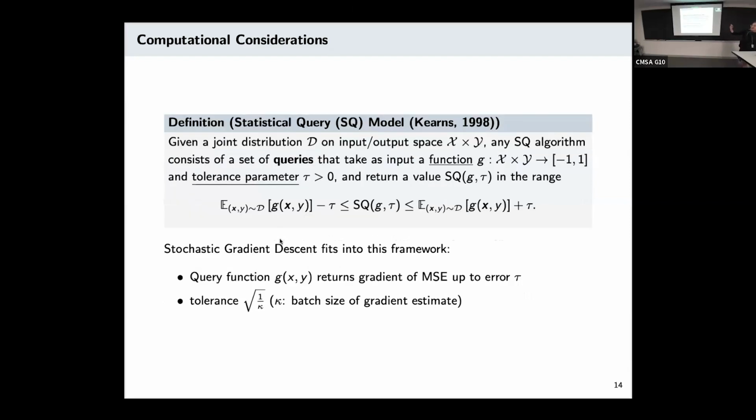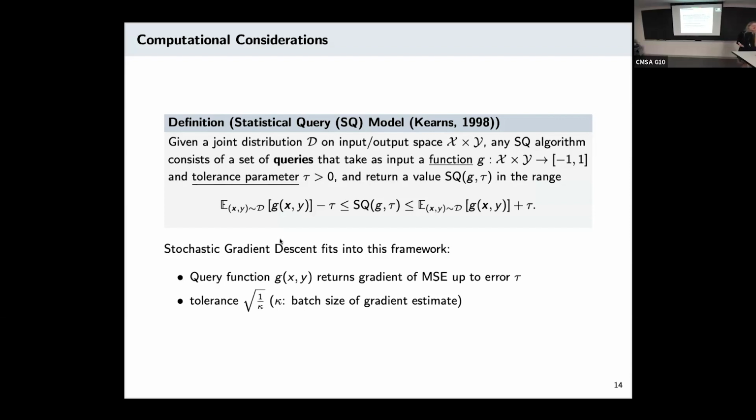Now, this perspective on complexity is the so-called statistical query model, which was introduced by Michael Kearns. I put here the technical definition, but I think it's best illustrated on stochastic gradient descent, which is really the main learning algorithm that we care about in this setting, because that's what we usually use to train neural networks.